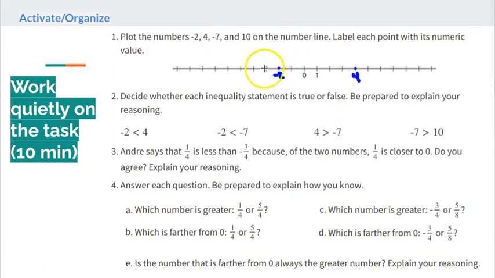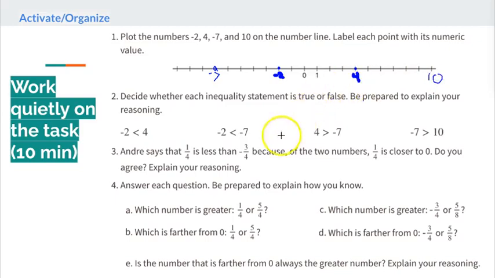There's -2, -3, -4, -5, -6, -7. That's unusual. Oh, I switched my size. There we go. And +10, 5, 6.